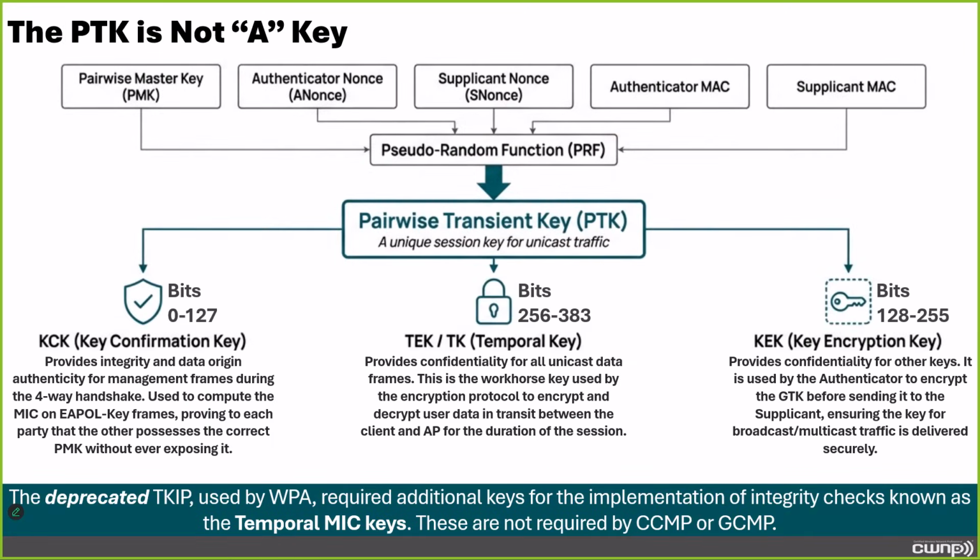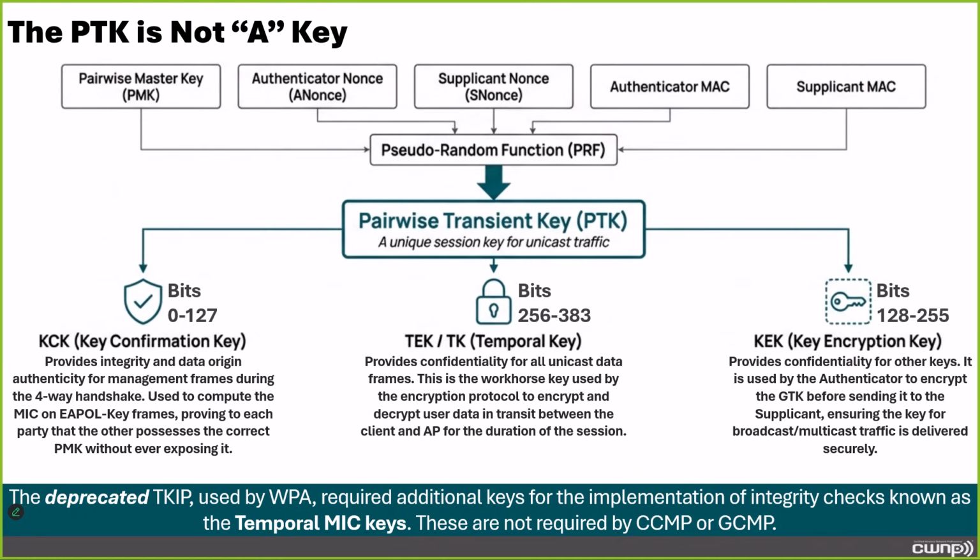So your pairwise transient key is going to be some number of bits long, right? Now I say some number because if you're using secure wake up radio, which is a newer part of the standard that nobody's implementing yet. But if eventually down the road we're using that, we're going to have extra keys that are part of the PTK for that.